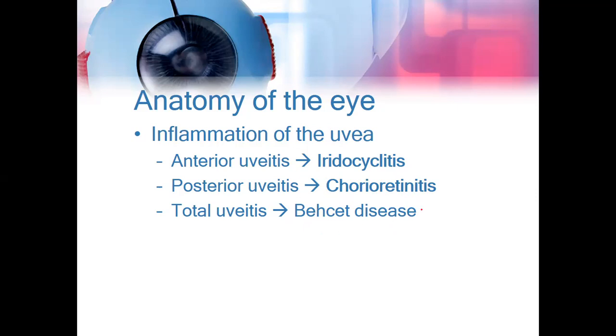Behçet's disease is about the inflammation of blood vessels, so it would be a vasculitis. It is one type of vasculitis. Since we have this, what layer are we talking about?